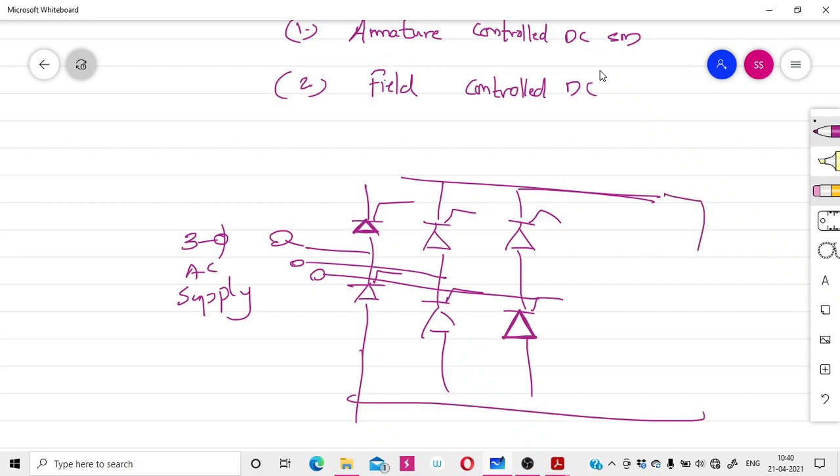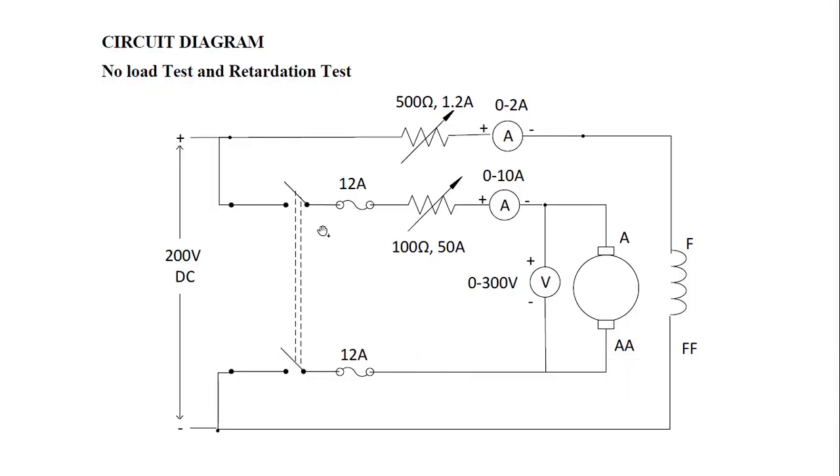We are converting this three phase AC supply to 200 volt DC supply, and that 200 volt DC supply we are giving to this DC servo motor.